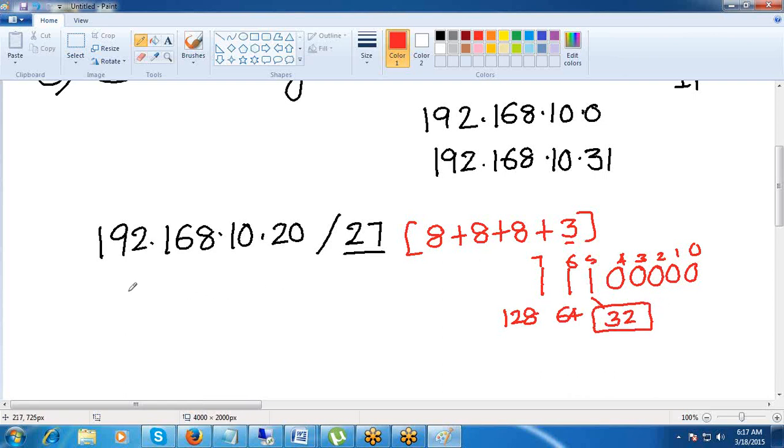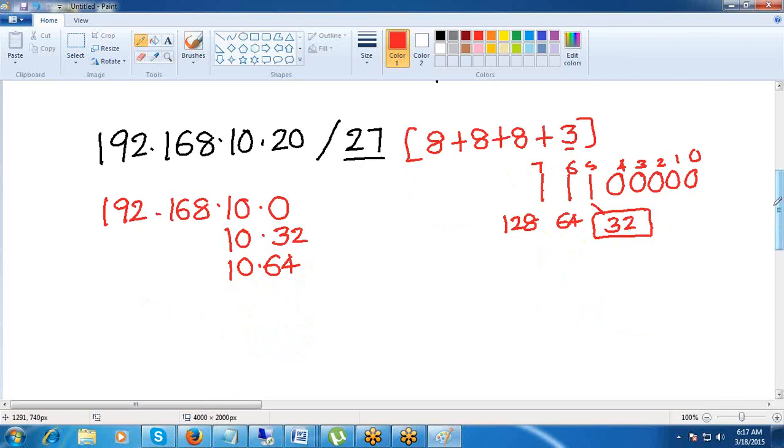So what is the first network ID? 192.168.10.0 is the first network ID. Incrementing, 10.32 and the next one 10.64, 10.96 and 10.128. Like this we can write the network IDs.